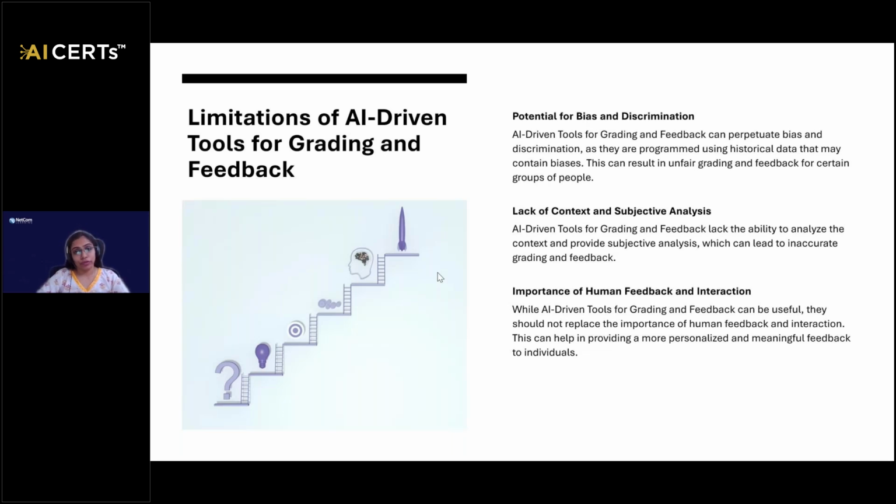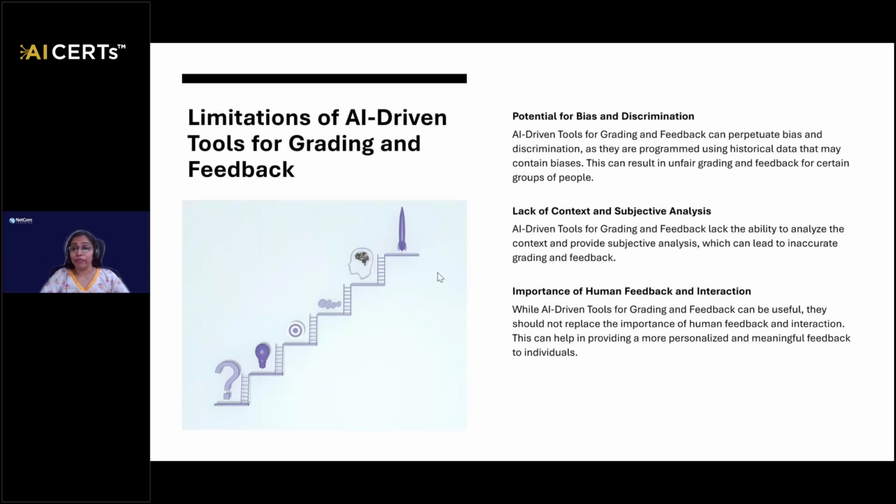Your AI driven tools for grading and feedback can perpetuate bias and discrimination as they are programmed using historical data that may contain the biases, and this can result in unfair grading and feedback for certain group of people. I'm not saying this is always, and I'm not saying that this cannot be corrected, but yes, this is a limitation which, if we do not consider, this will surely hamper our grading process.